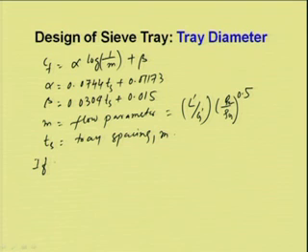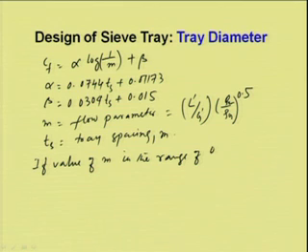If the value of m is in the range of 0.01 to 0.1, then it is recommended that m can be used as 0.1 in the above equation.